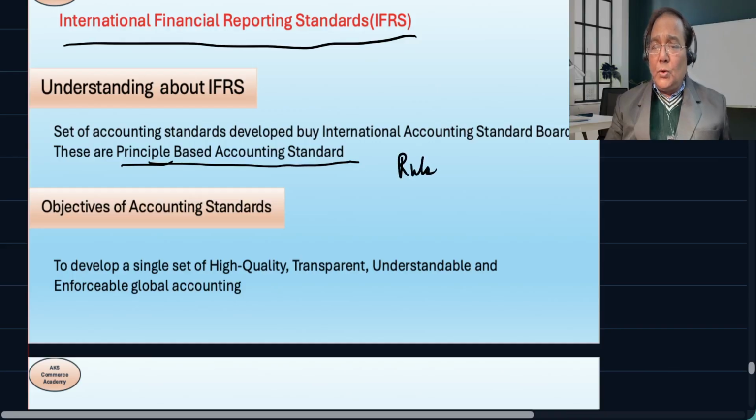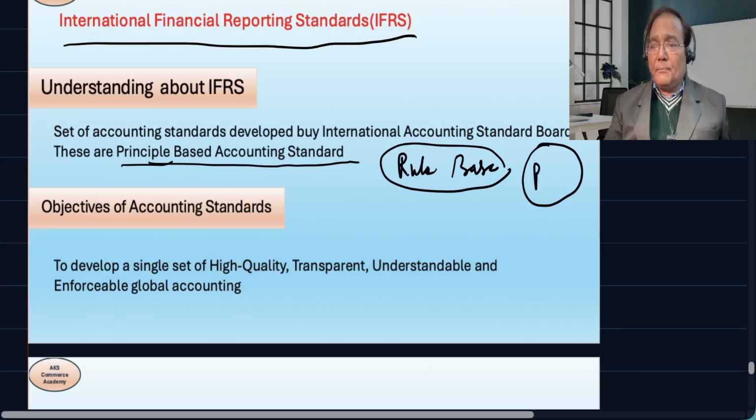In the rule based, there is a standard rule and there should not be any deviation. In the principle based, there is thoughtfulness as per some principle or practices, and accordingly the accounting standard is maintained. So as per IFRS, principle based accounting standard is maintained.